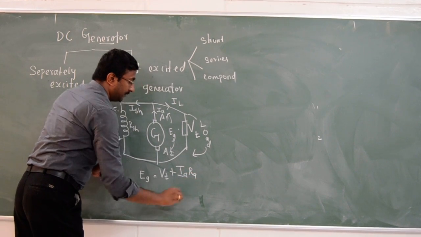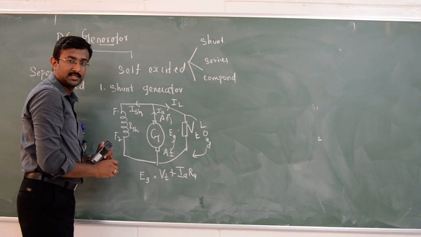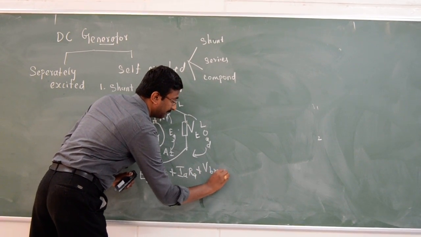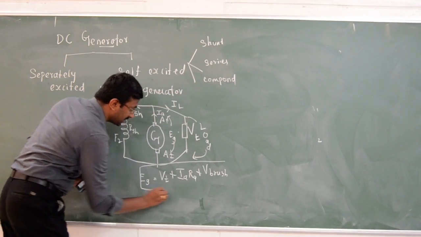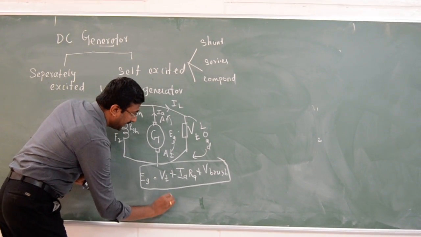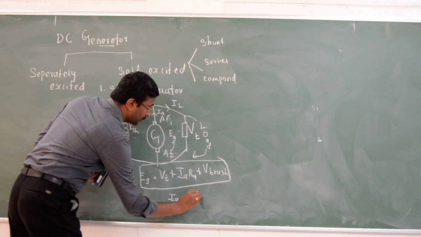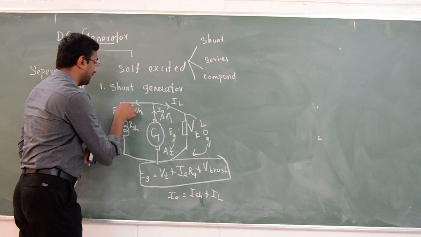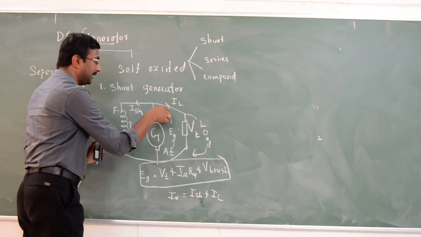Then we have two brushes, so there will be a drop on the brushes, represented as V plus. This is the voltage equation of the shunt generator. Also, the armature current Ia is equal to the shunt field current plus the load current. So the armature current is divided into two: the shunt field current and the load current.